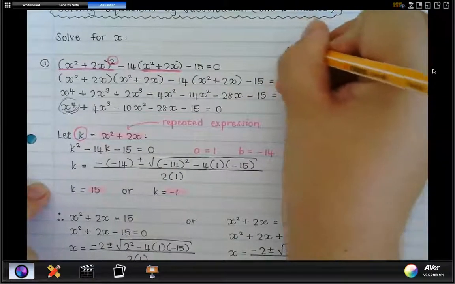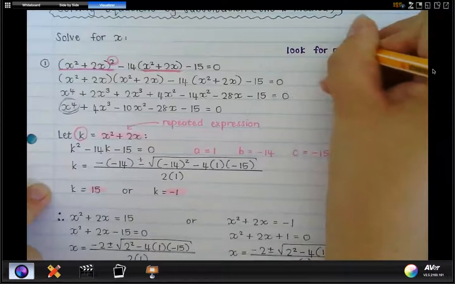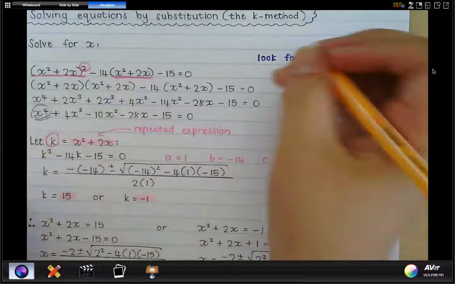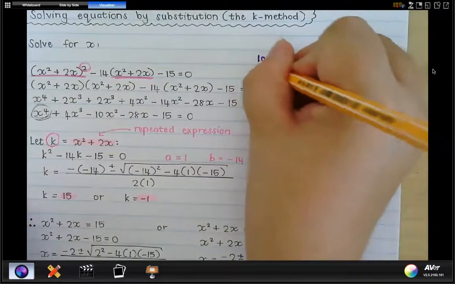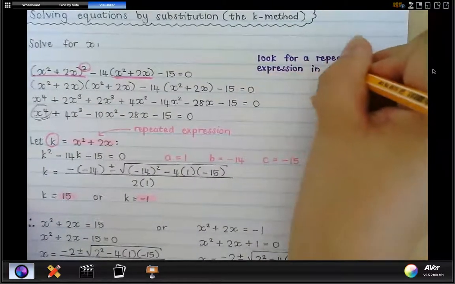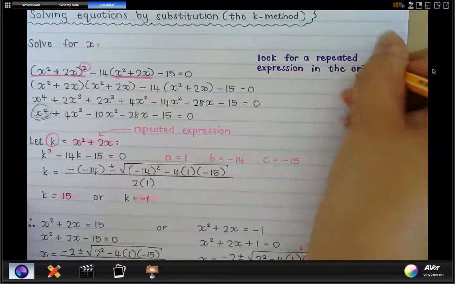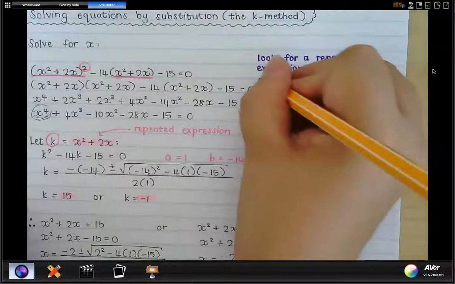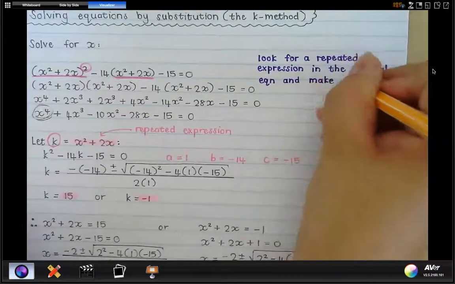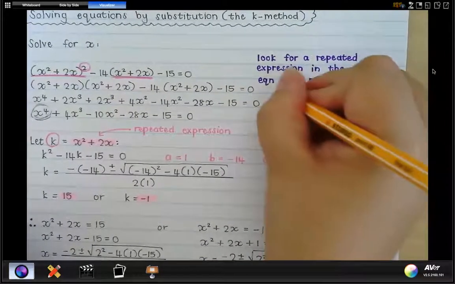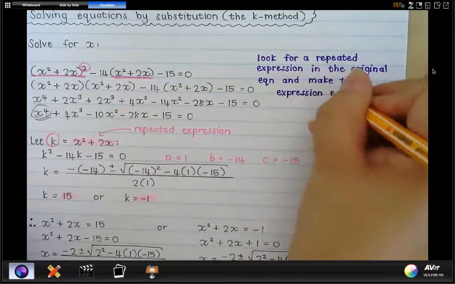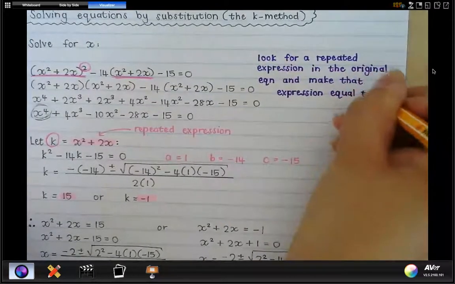Look for a repeated expression in the original equation and make that expression equal to k.